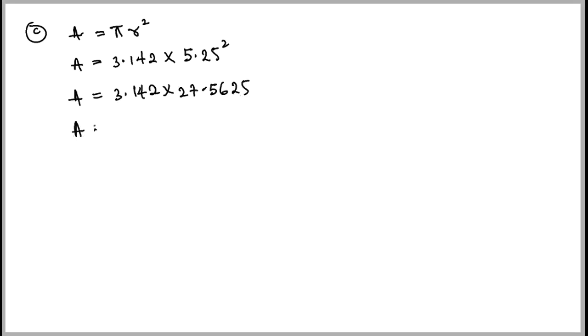So the area of the base finally becomes, when you multiply this value by 3.142, 86.601 and so on. We are using centimeters, and this is area, so it should be in square units.